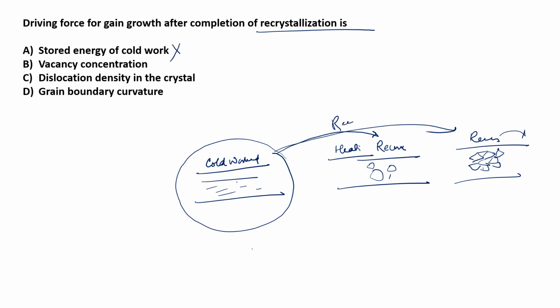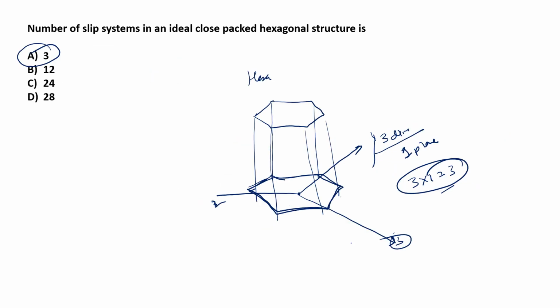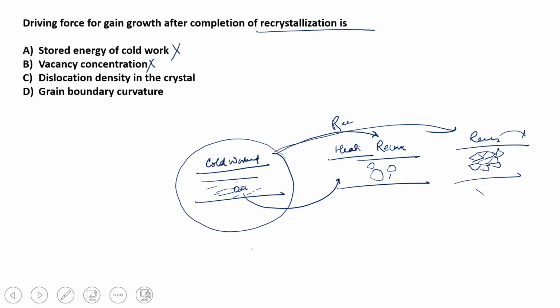Vacancy concentration, no. Is it the vacancy concentration which is allowing the grain growth? No. Dislocation density in the crystal? No. Dislocation density is the driving force for the recovery, because decrease of dislocations takes place during recovery. What is the left one? That is the grain boundary curvature.